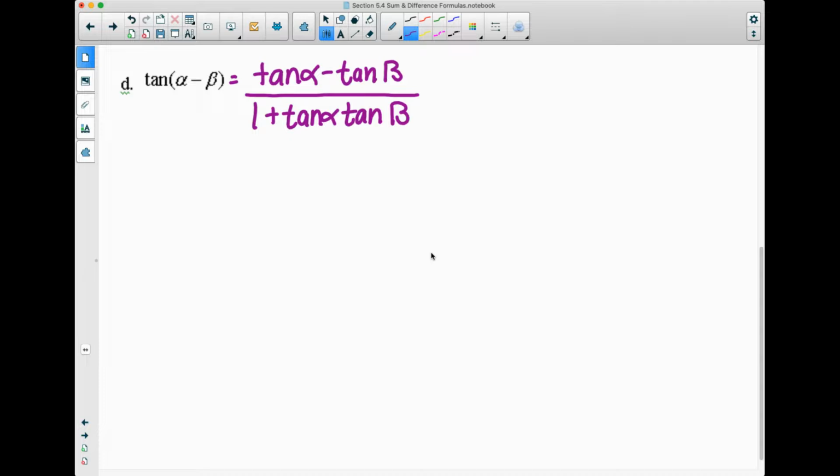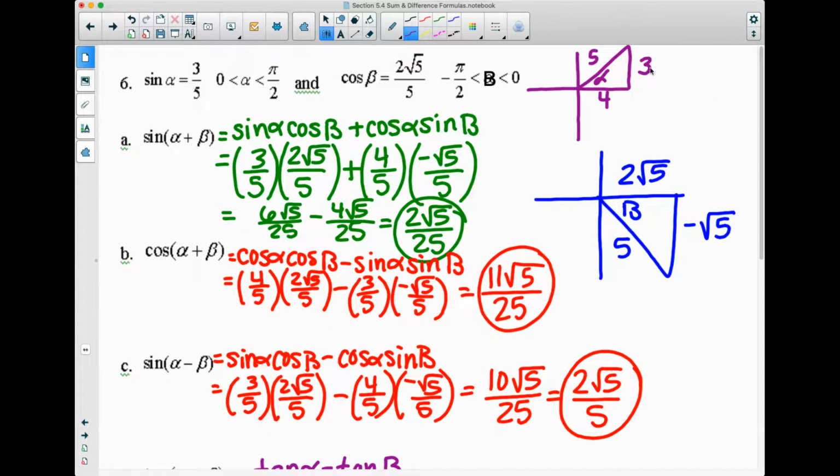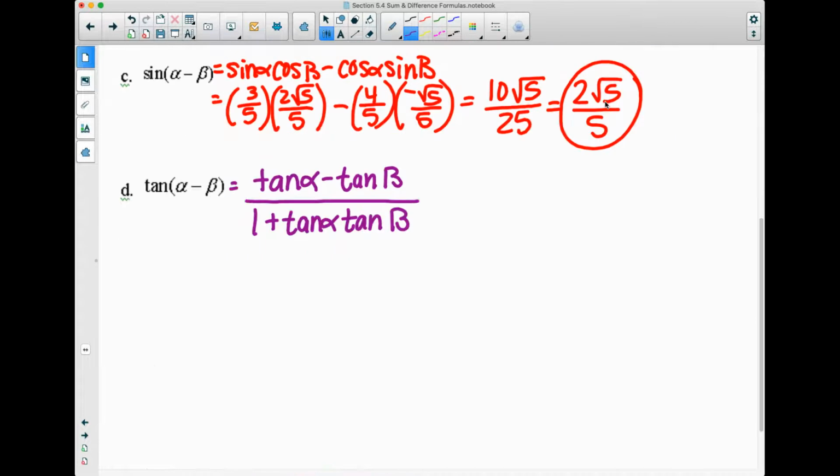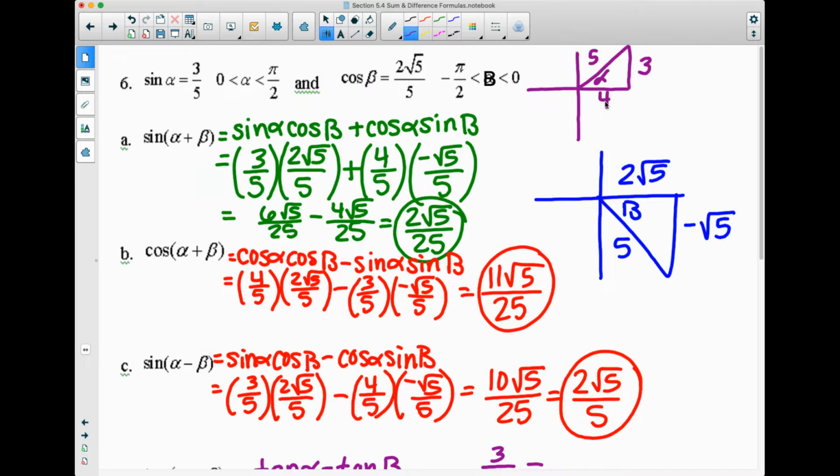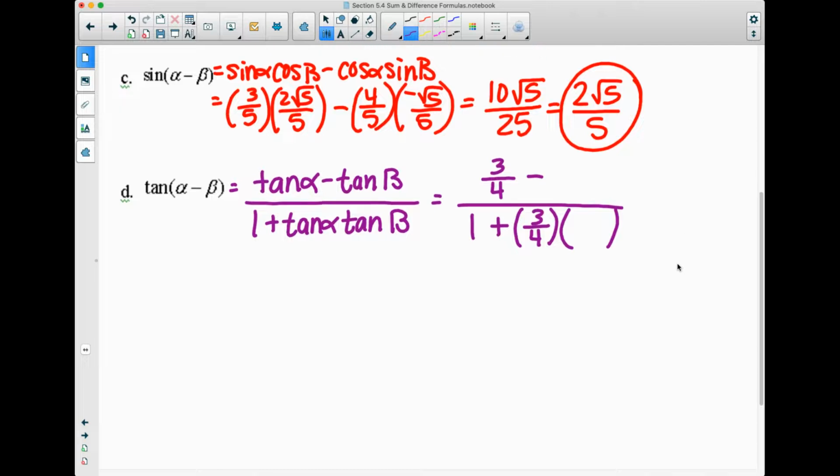Okay, so tangent of alpha is our opposite over our adjacent, so 3/4. And then to look at our tangent of beta, our opposite over our adjacent, we get -√5 over 2√5.